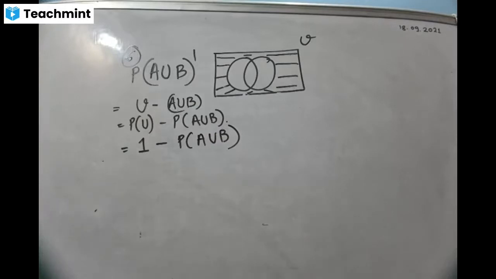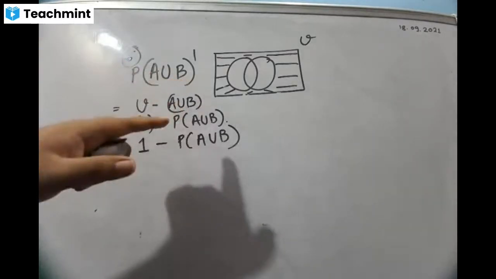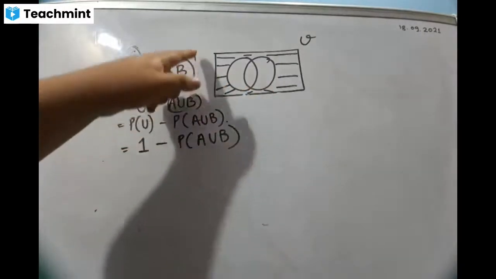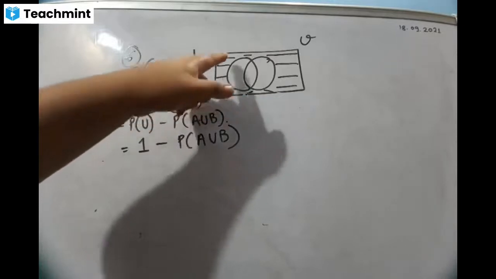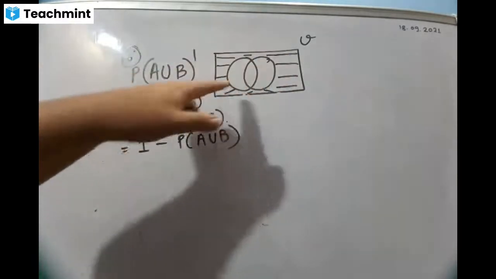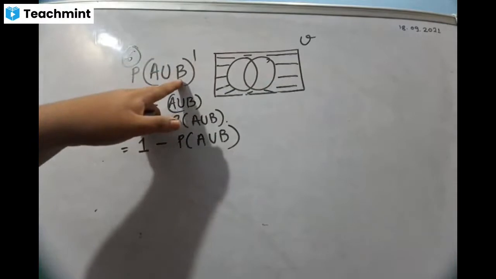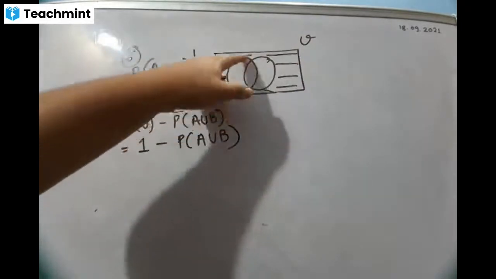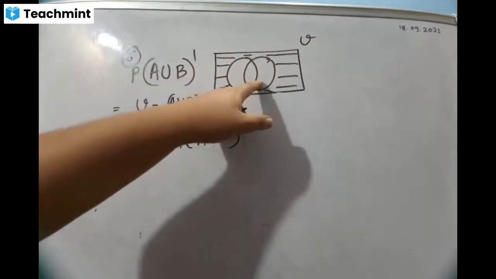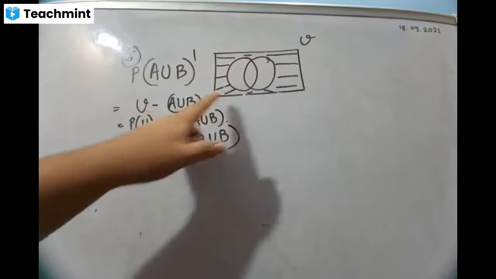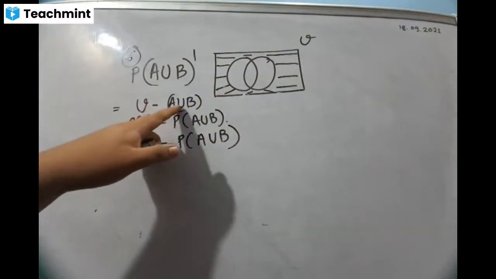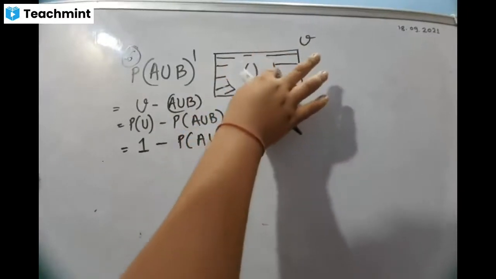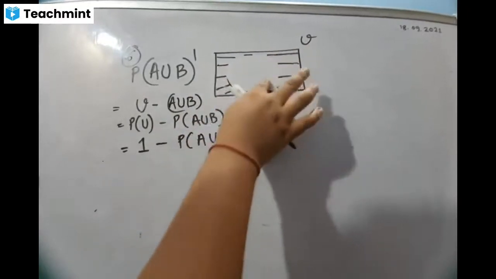How do you get this? See, what is A union B complement? Complement means the elements which are not in that set. So I made A, I made B. So A union B complement means all the numbers which are not in A union B. So I shaded this region. So how can you write A union B complement? A union B complement is nothing but from the universal set, you have to remove this circle. That means this is a union of A and B, isn't it? So from the universal set, if you subtract A union B, then you will get A union B complement.